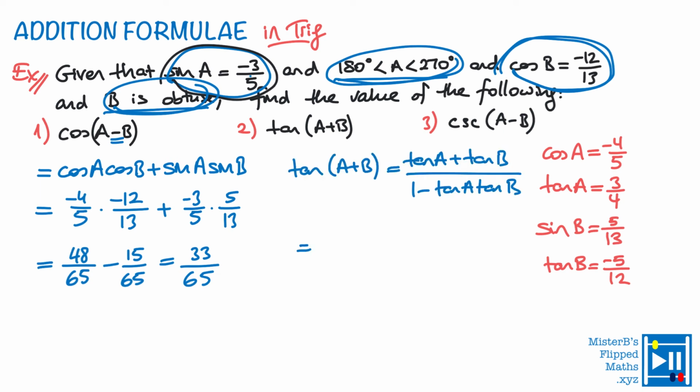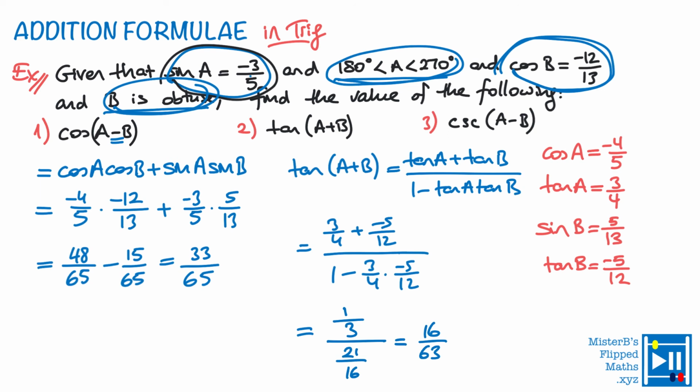It's going to be tangent A plus tangent B over 1 minus tangent A tangent B. Let's substitute the values. So it's going to be 3/4 plus minus 5/12 over 1 minus 3/4 times minus 5/12. And I'm going to get 16/63 as the answer for tangent of A plus B.